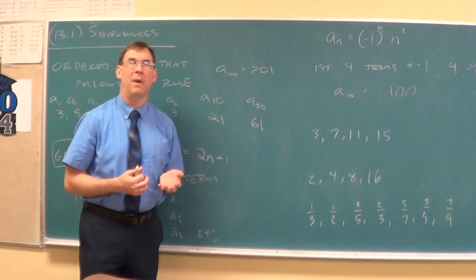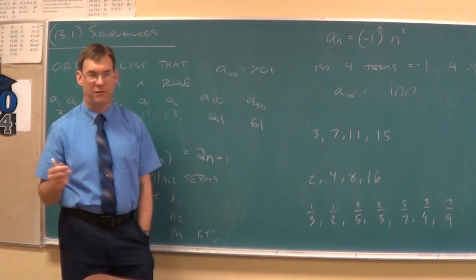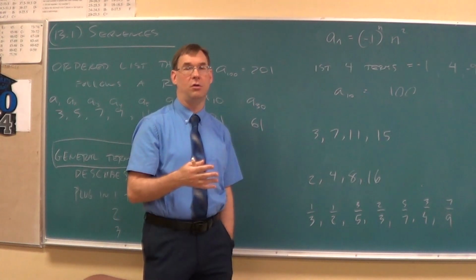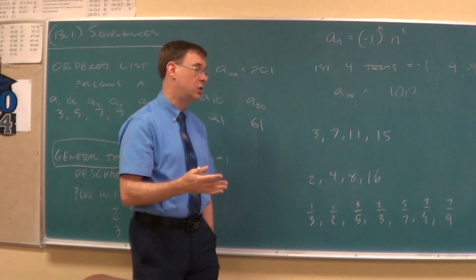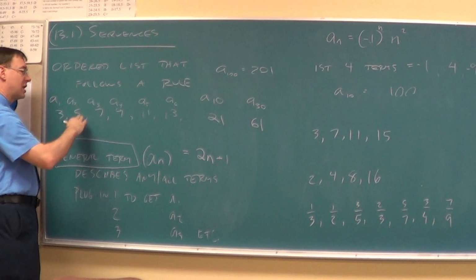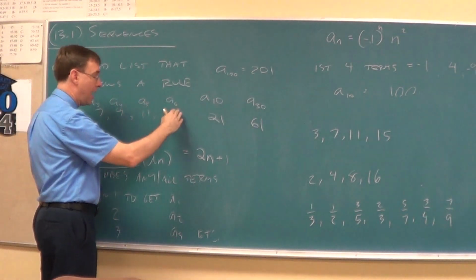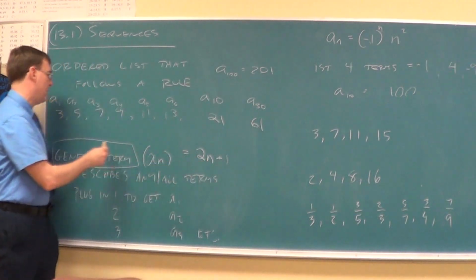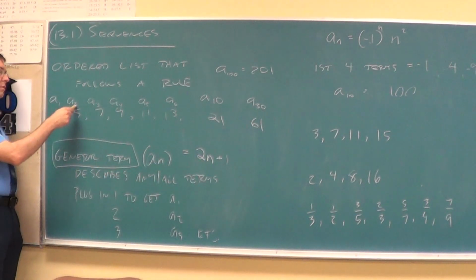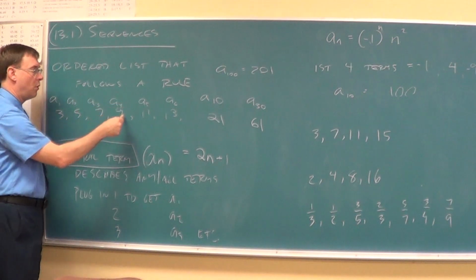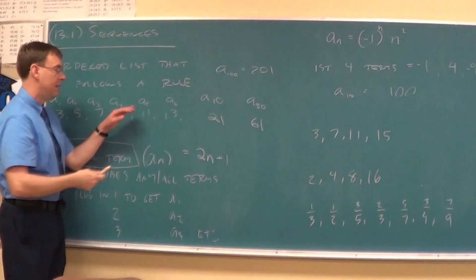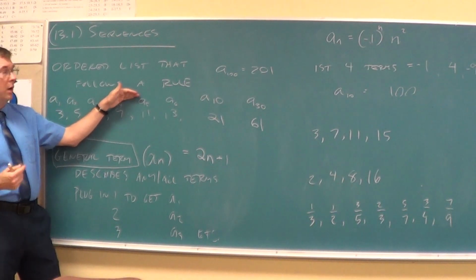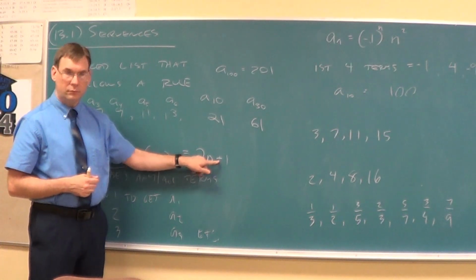What got invented in math in your early elementary school life, instead of adding 2 over and over, somebody introduced you to multiplying by 2. So if you see the pattern is going to add 2 every time, it definitely has to do with 2 times that n. And then if you think about 2 times 1 and 2 times 2 and 2 times 3 and 2 times 4, the multiplication by 2 alone always leaves you short by 1. So you end up having to add 1.